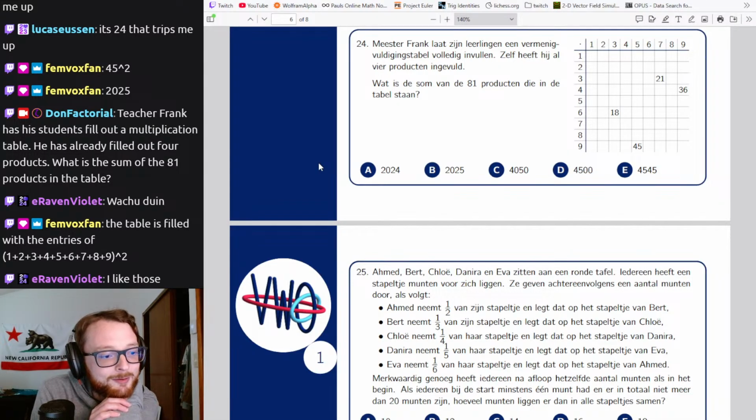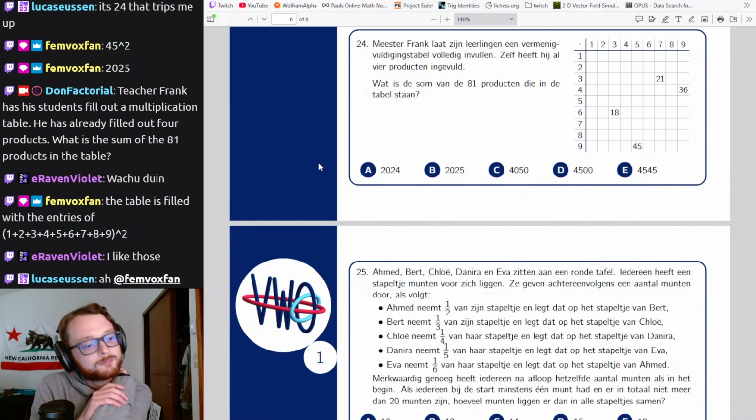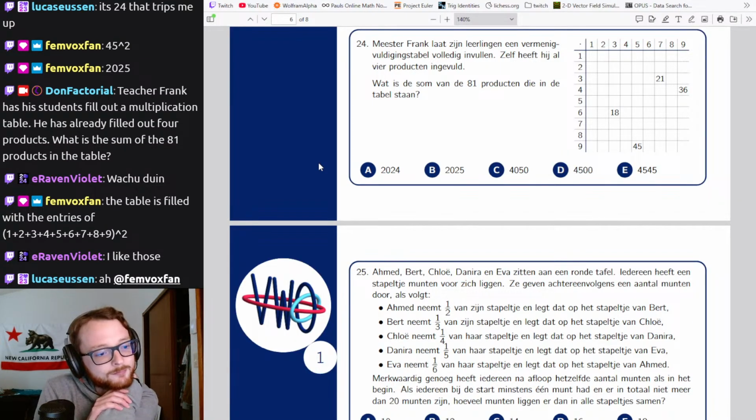The table is filled with the entries of 1 plus 2 plus 3. Oh, that's so clever. That's the type of trick that I would never think about.